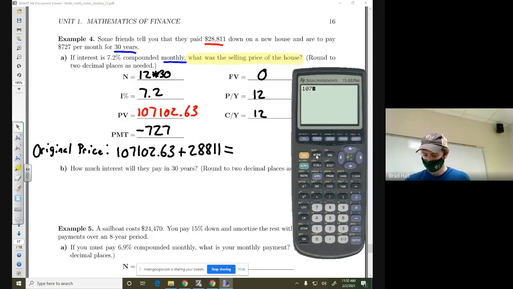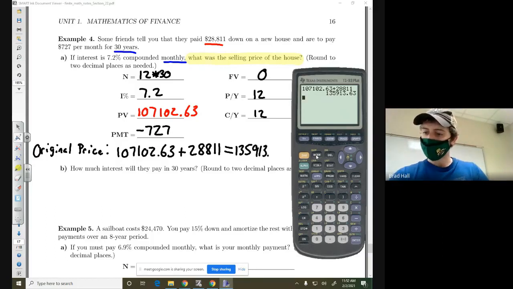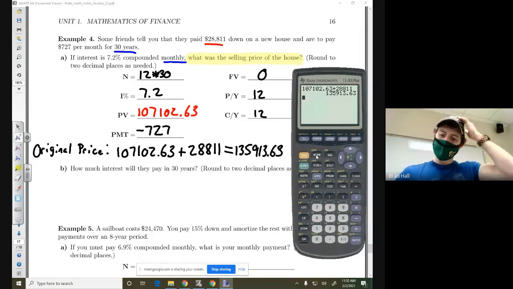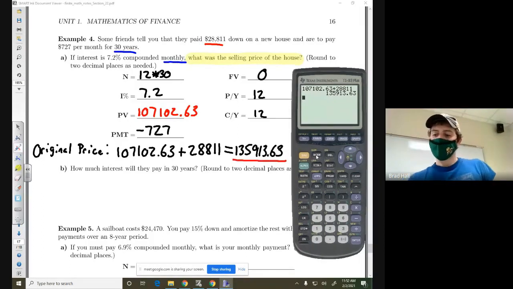It's 107,102.63 plus 28,811 to get 135,913.63. And this was the starting price of the home.